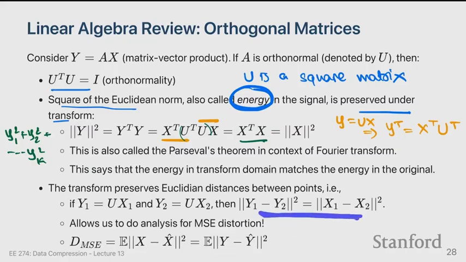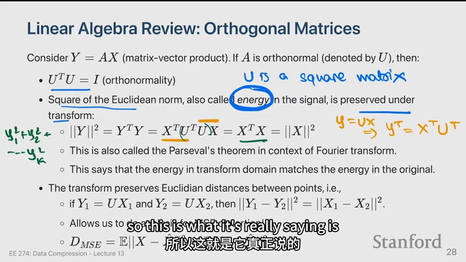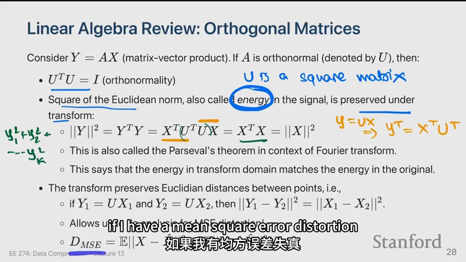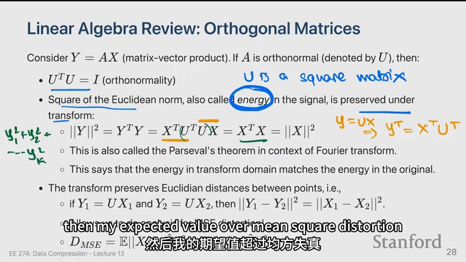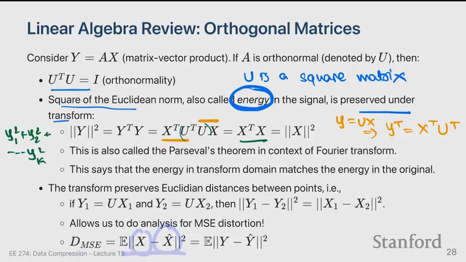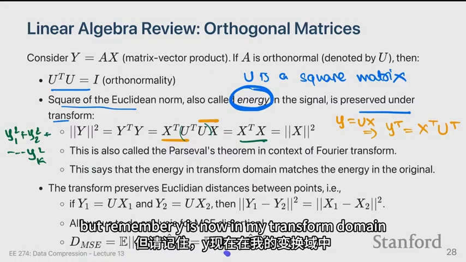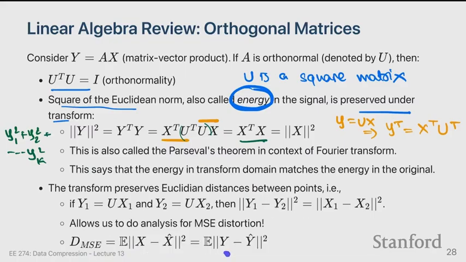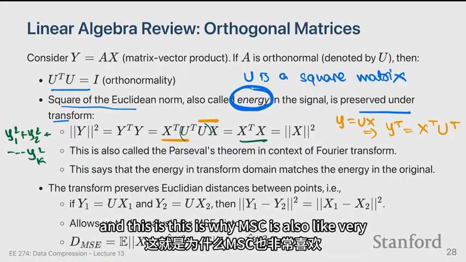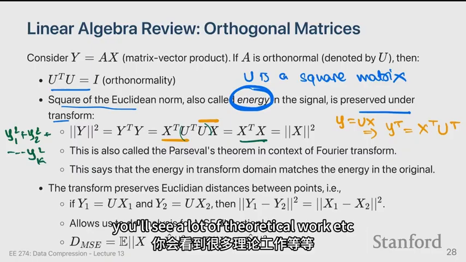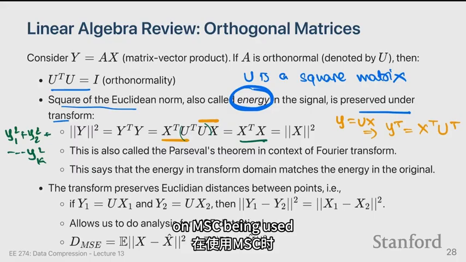What this is really saying is, if I have a mean square error distortion, then my expected mean square distortion for symbols x is going to be the same for y. But remember, y is now in my transform domain. And this is why you'll see a lot of theoretical work on MSE being used.